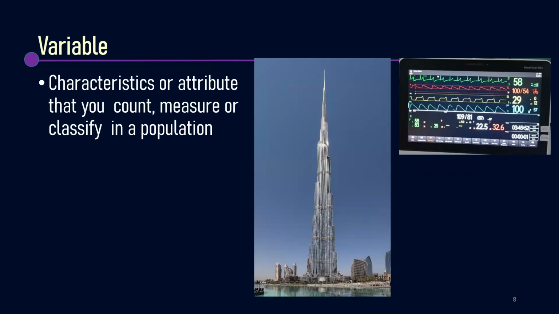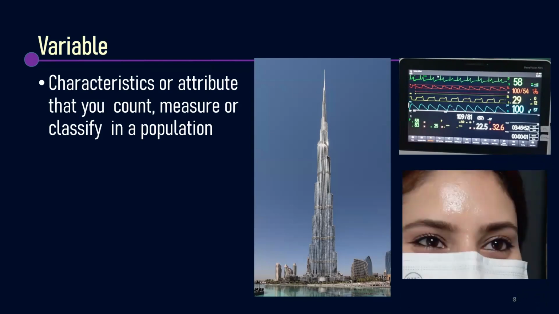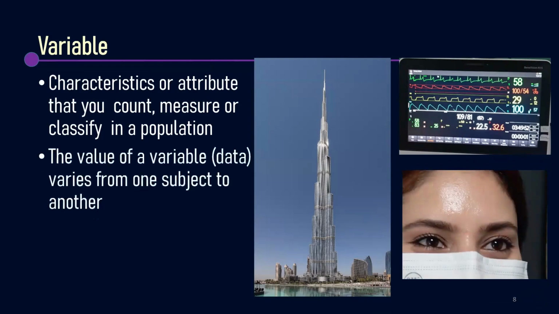All these are variables, and the color of the eye is also a variable. And the value of a variable, which is known as data, varies from one subject to another. Like the color of the eyes can vary from one person to another. The height of a building can vary from one building to another building. Similarly, pulse rate or blood pressure varies from individual to individual.